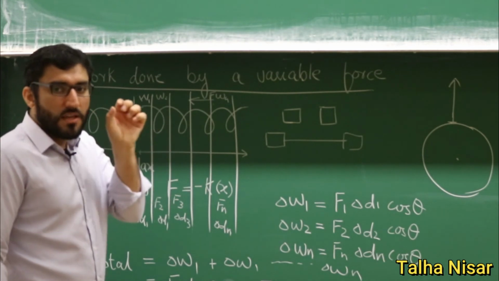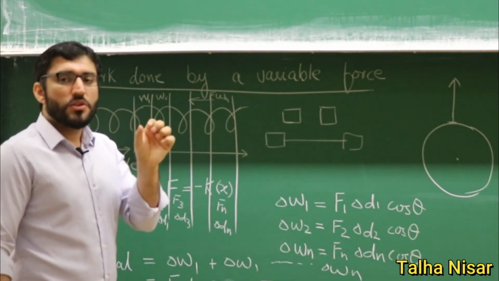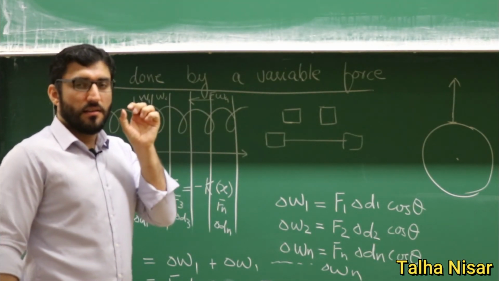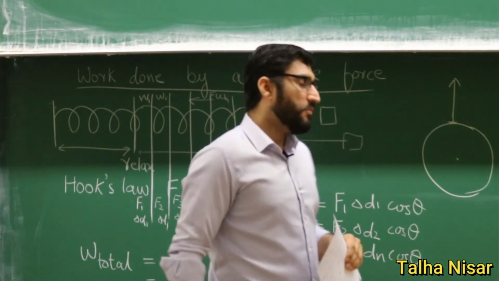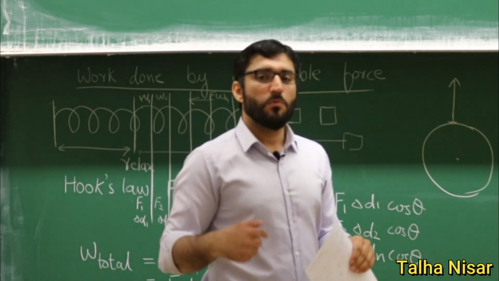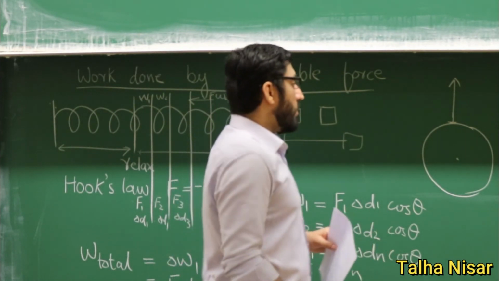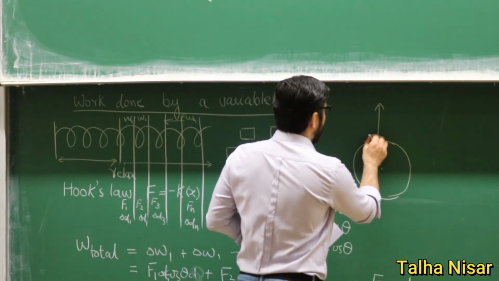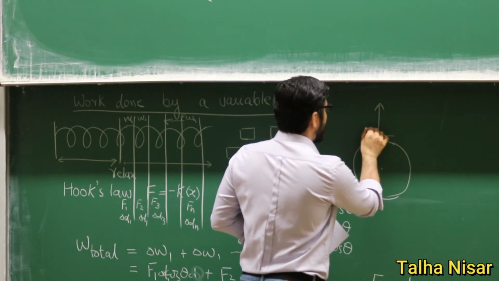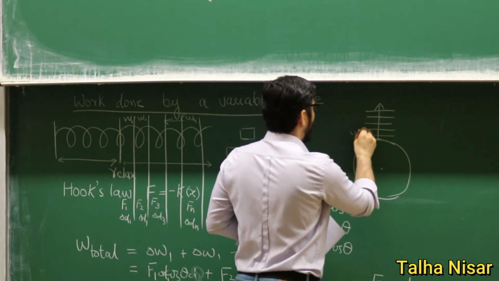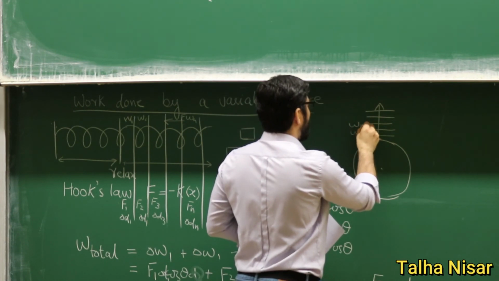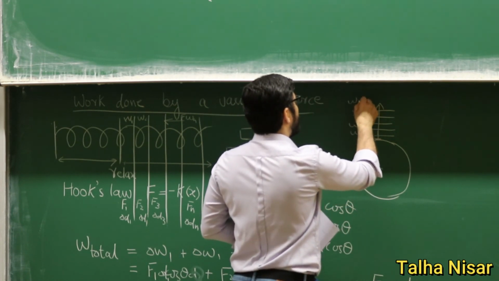That means we calculate the individual work done, and then we sum all of them. When we add all of them, we get the total work done. Similarly, in this case, we can also split this into small sections. So we will measure W1, W2, and then go up to Wn.